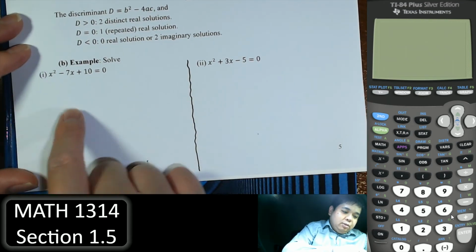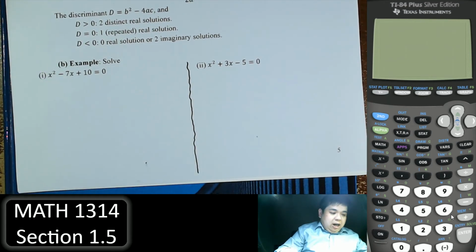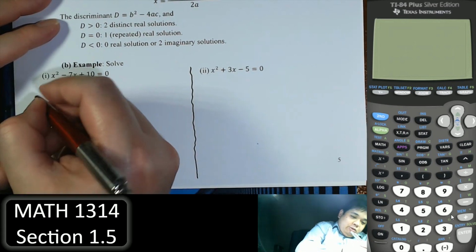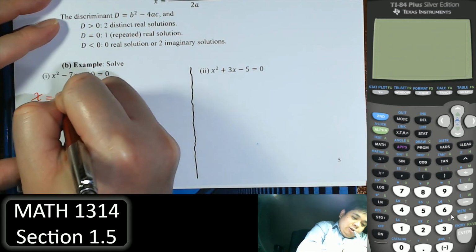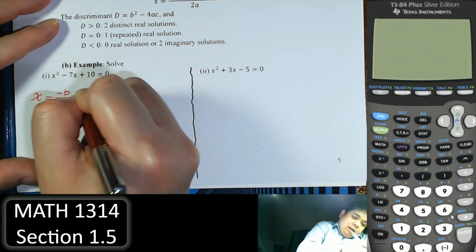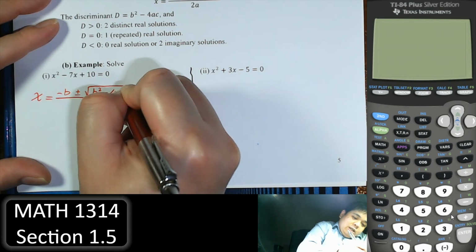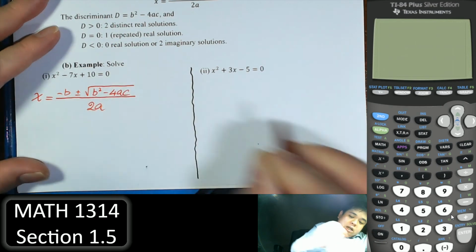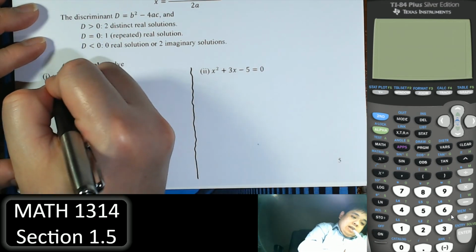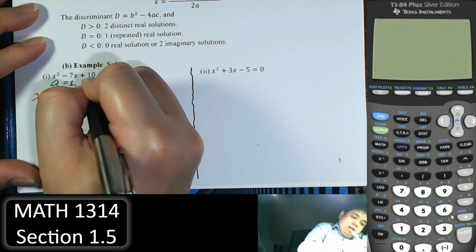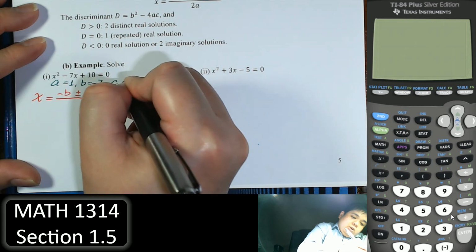So we start with this. Just the quadratic formula: x equal to negative b plus or minus square root of b squared minus 4ac over 2a. So in this particular case, a is equal to 1, b is negative 7, and c is equal to 10.